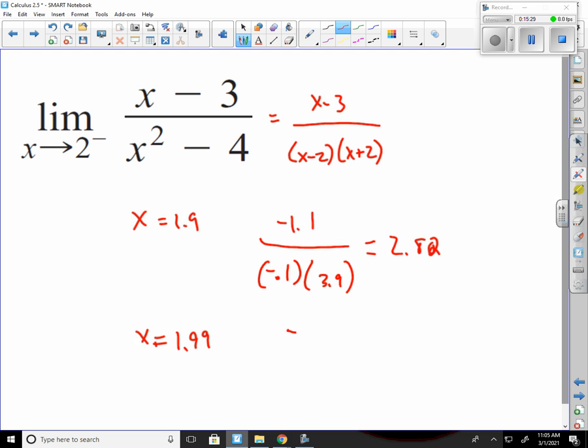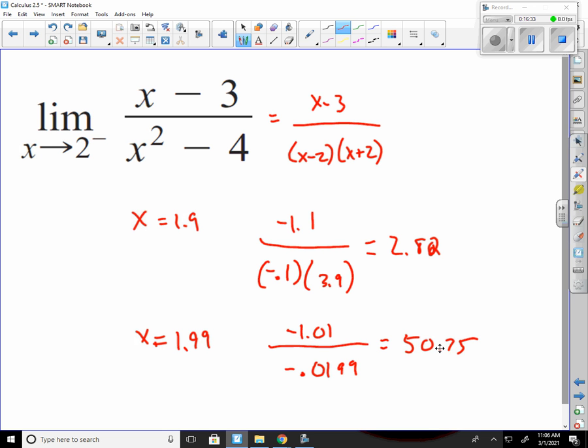This would be like negative 1.01, and then it would be divided by negative 0.0199, which is going to give you 50.75. So you can see how much higher this gets.